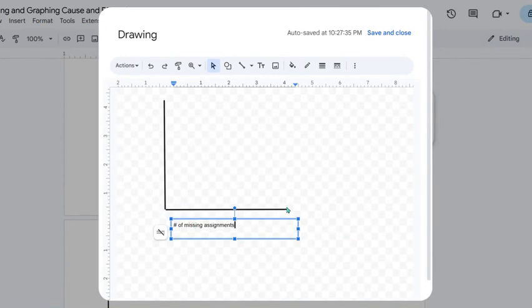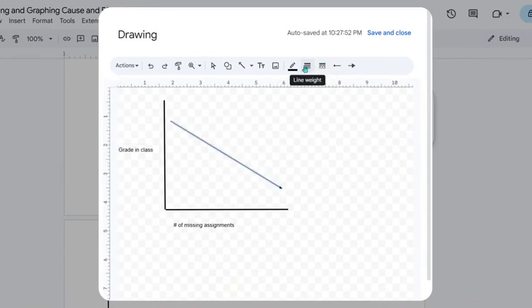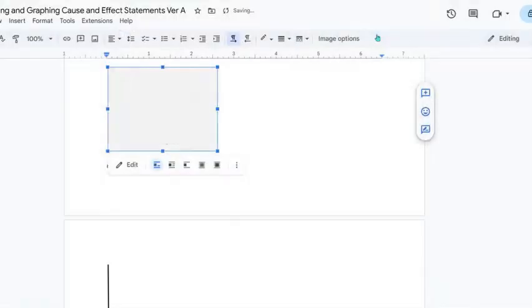As I have more and more missing assignments, my grade in the class, this one is a little bit different than the last one. This is going to have a negative slope or a negative correlation. If I have more missing assignments, I'm going to have a lower grade. So that's a negative slope.